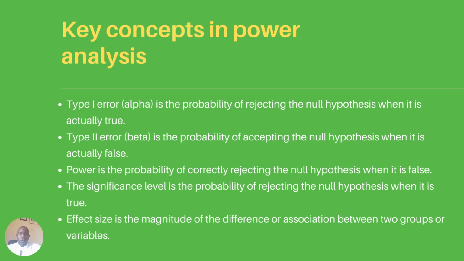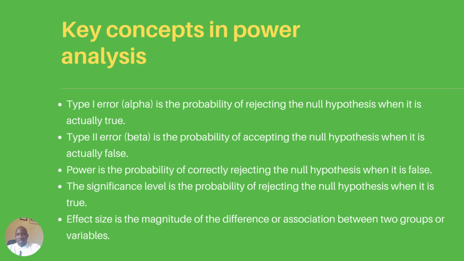A null hypothesis, for example, is when you say that there is no difference in an intervention, or there is no effect caused when you give a person drug X.